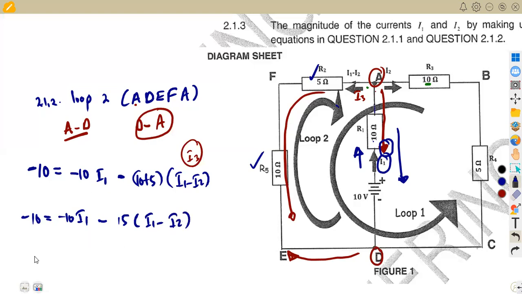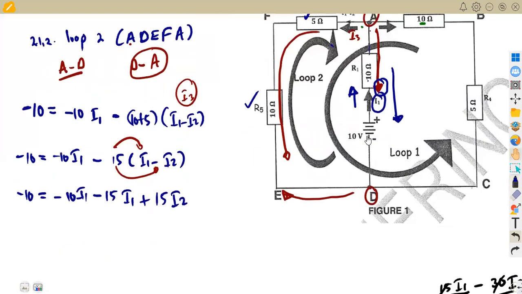We can simplify. Negative 10 is equal to negative 10 I1, expand the brackets. So we've got negative 15 times I1, then we've got negative 15 times negative I2. So it will be negative 15 I1 plus 15 I2, because we've got a negative there. Then we can collect the like terms in terms of our currents. We've got current 1 and current 1, which is common.